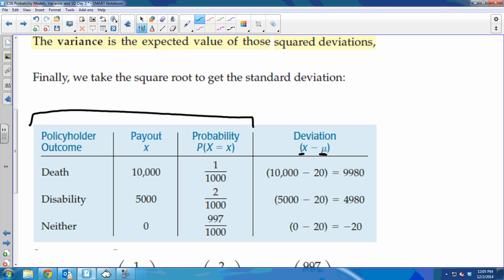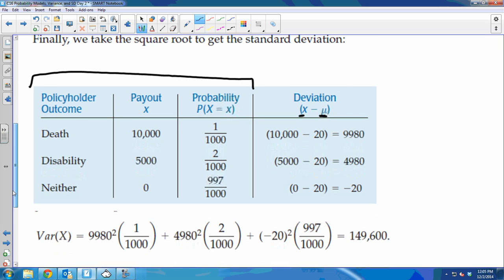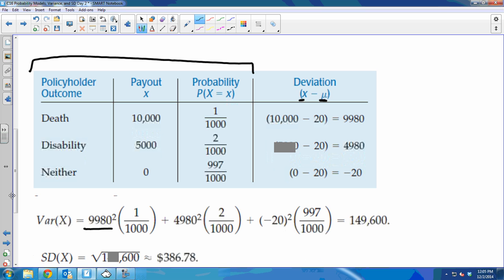Then just like we did with data, you square them because you need them to be positive to do anything with them. We square lots of things in statistics. And then we find the variance by multiplying those squared amounts by the associated probabilities. That's going to give you the variance. The variance is just the standard deviation squared, so then you take the square root of that number.